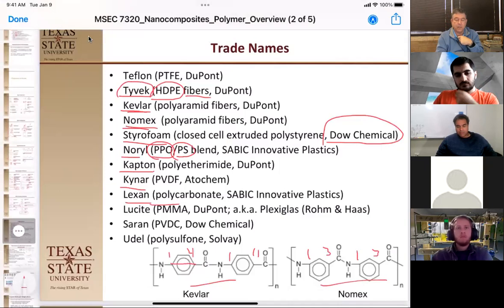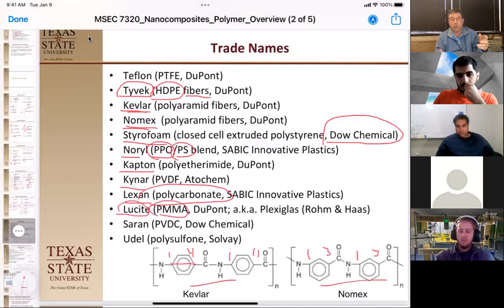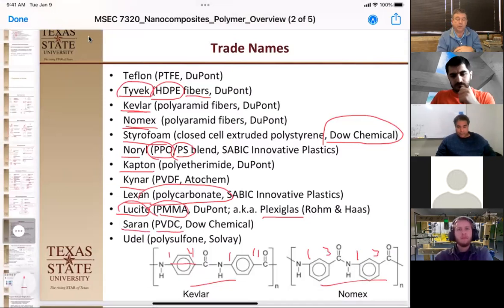Lexan is the polycarbonate used in bullet resistant or damage resistant windows. Lucite is PMMA or plexiglass. Both of those are less durable than Lexan, but they are also used in transparent window type applications. Saran wrap is actually a copolymer with the polyvinylidene dichloride.